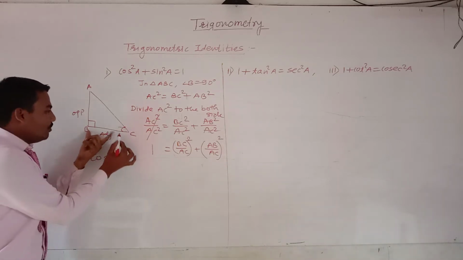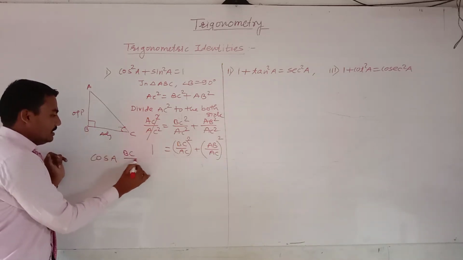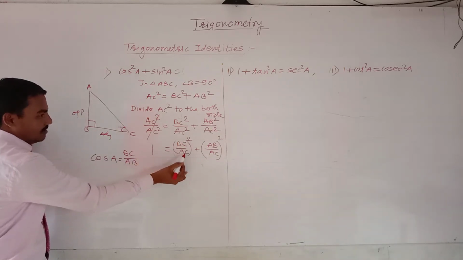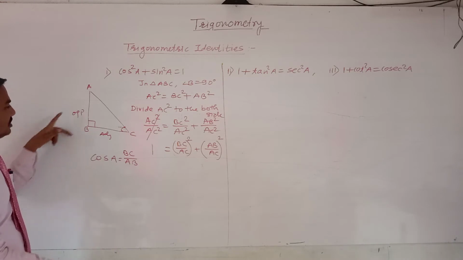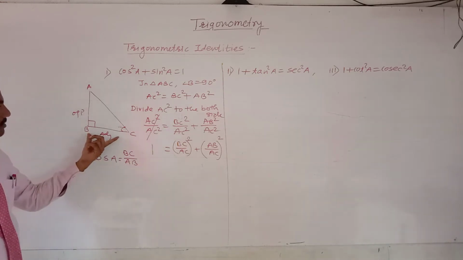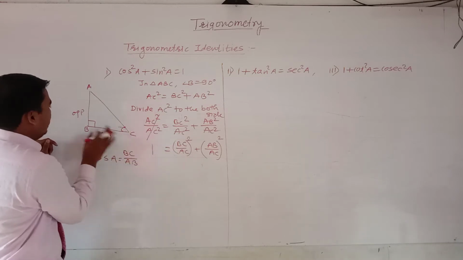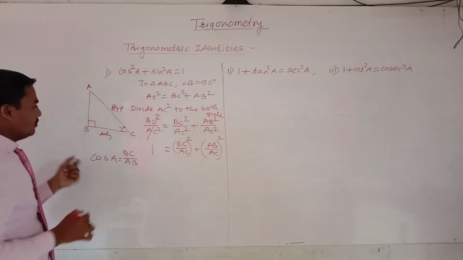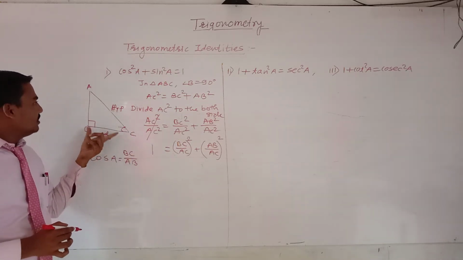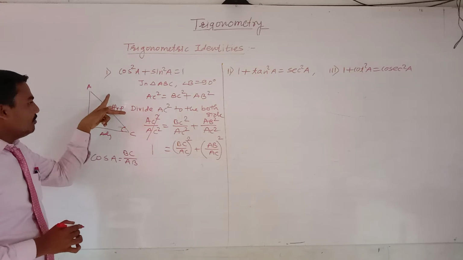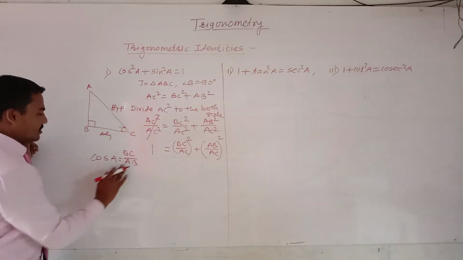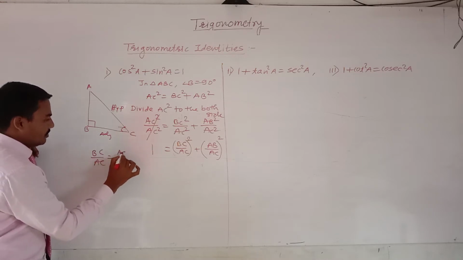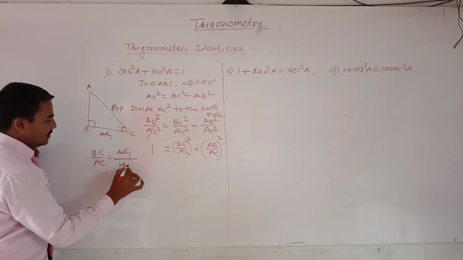Cos is adjacent upon hypotenuse. Here we want BC by AC, and AC is the hypotenuse.